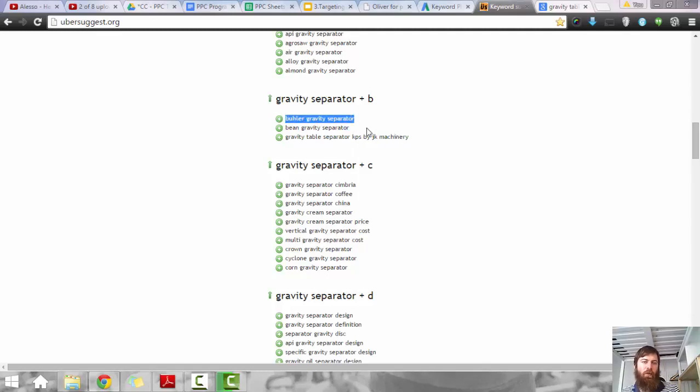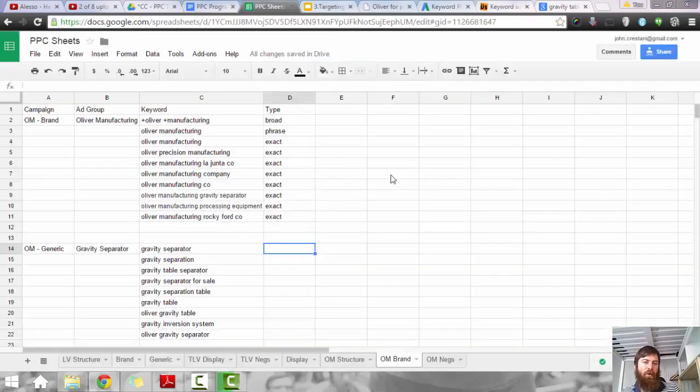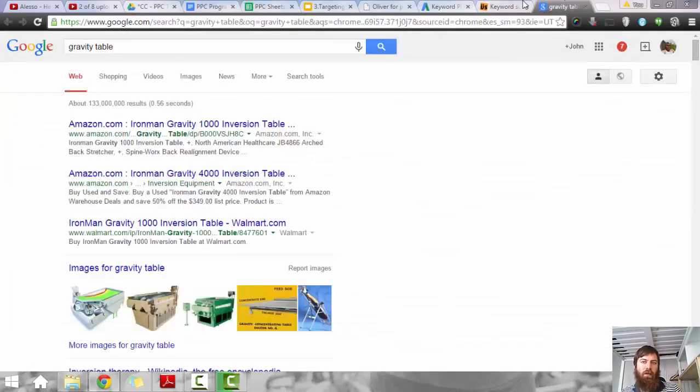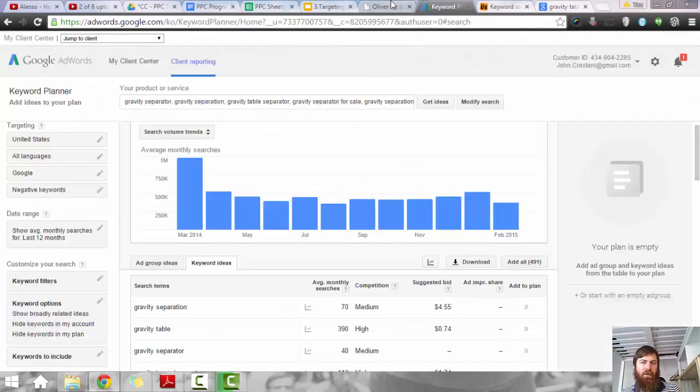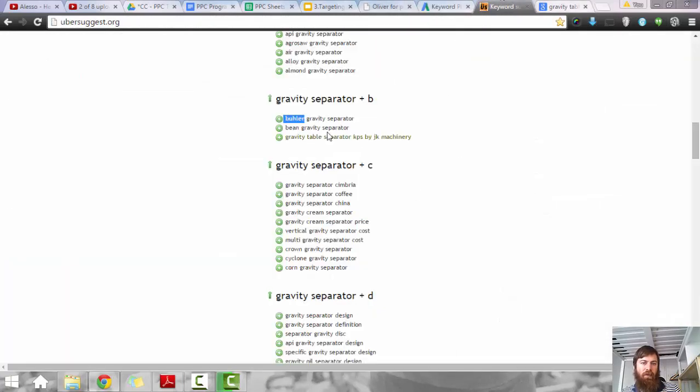What I'm trying to think is, are we still going to show up for this term though? It does seem that we will show up for this term because we are going to advertise on the word gravity separator. But at the same time, I'm going to keep tabs on some of these other guys.